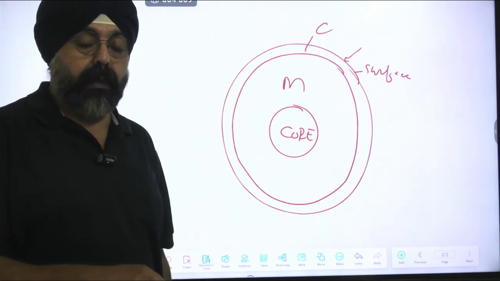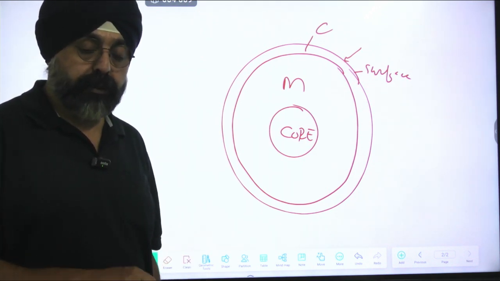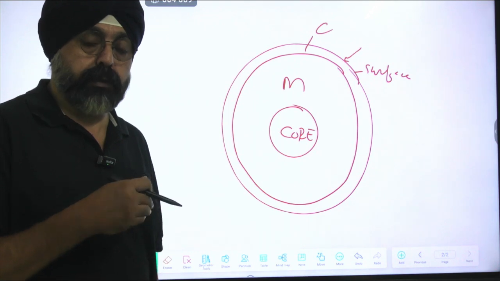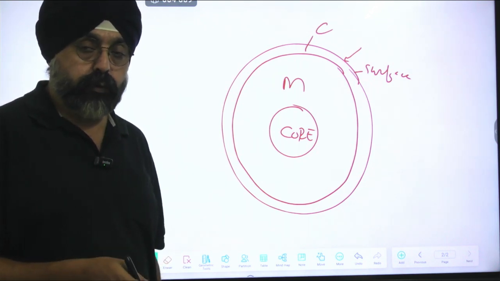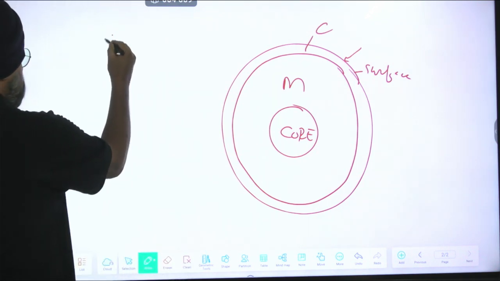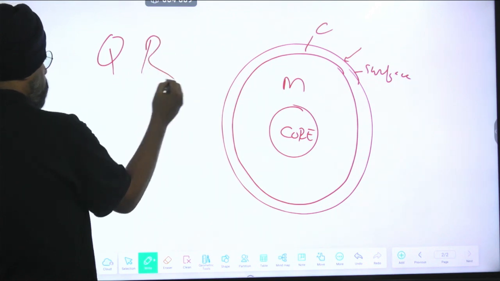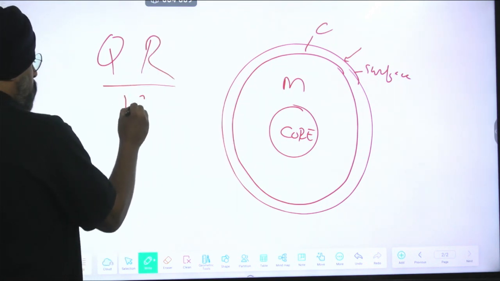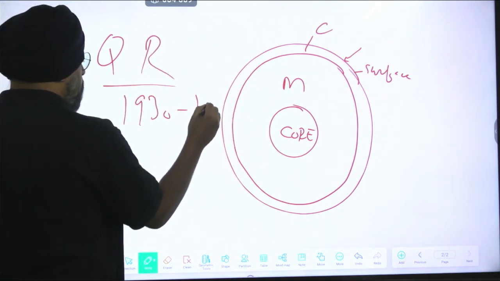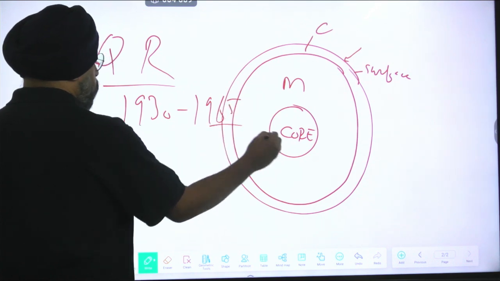Then came a special era in almost all the disciplines, in geography also, and that was the quantitative revolution from 1930 to 1965.